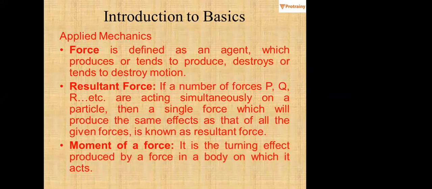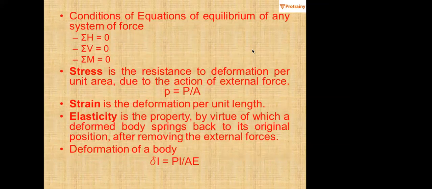Now what exactly is a moment of a force? It is a turning effect produced by a force in a body on which it acts. In order to explain it properly, let's take a beam.